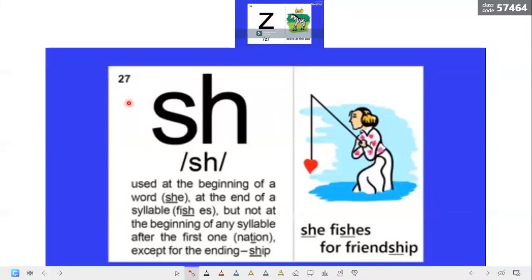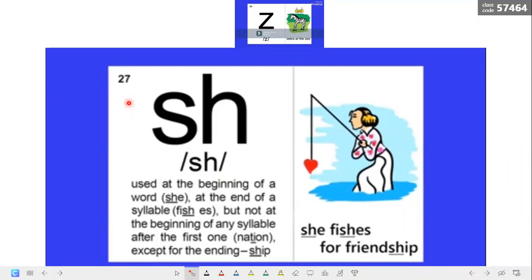And we'll go now to phonogram number 27, which is "sh." The letter S, when combined with the letter H, produces the sound "sh." And this sound could be used at the beginning of words.